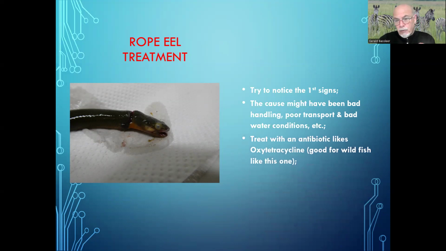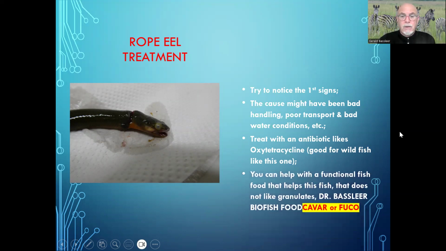Here, in this case, you could treat with an antibiotic like oxytetracycline, which is normally a good one for wild fish, like this rope eel is wild. And at the same time, you can help with functional fish food. Granulates from Dr. Bassleer Biofish Food can be touchy for this kind of fish that doesn't like to eat granulates.